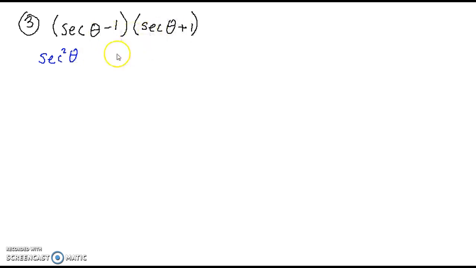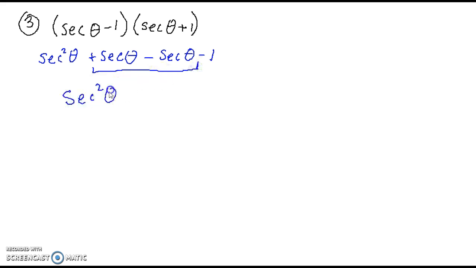Secant theta times 1 is just secant of theta. Negative 1 times secant, so minus secant of theta, and negative 1 times positive 1 is negative 1. What are we going to notice? That these two terms are opposites of each other, so they cancel out. So I get secant squared theta minus 1.